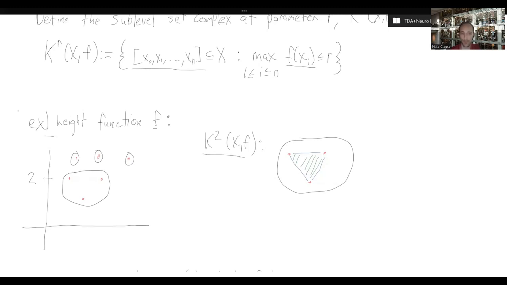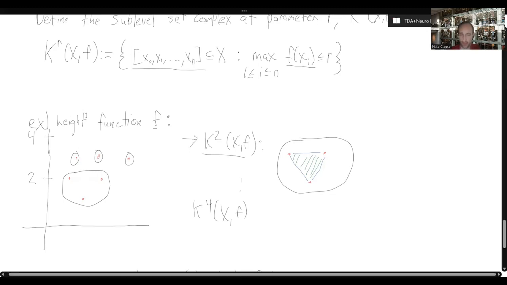If we were to increase the parameter, say if 4 were up here, then if we took K4 of X, f, they would exist as zero simplices in that simplicial complex, but they don't necessarily exist in every simplicial complex, unlike the Vietoris-Rips complex.